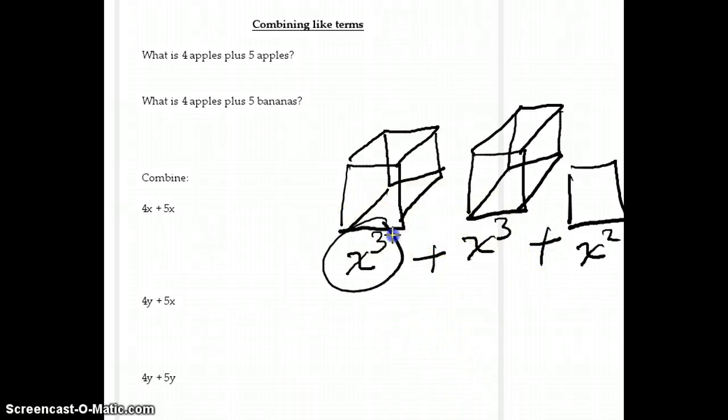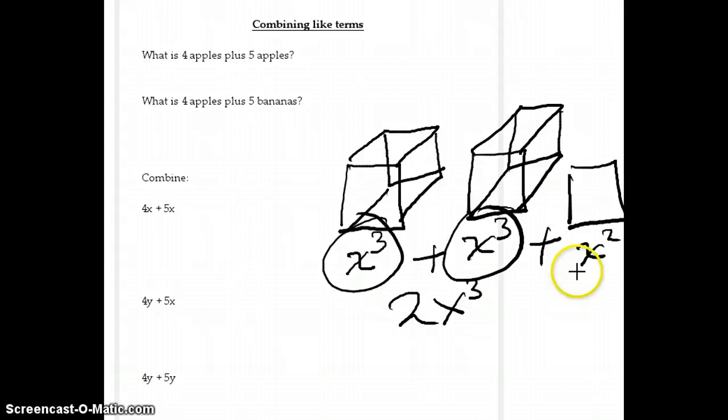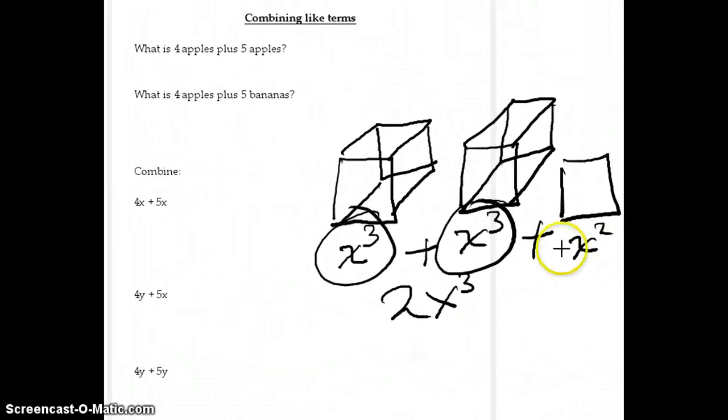Well, this is a cube, this is a cube, so how many cubes do I have? I have 2 cubes. Can I add this 2-dimensional figure? No. So let's start with some easy examples and we'll move on.